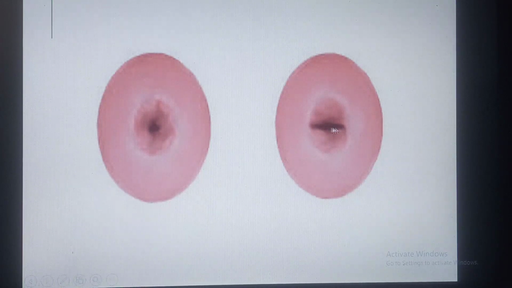And this one, because the person has given birth through the vagina, becomes slit-like. So whenever they give you the external os of any female, you have to look at the slit. If the person has given birth through the vagina before, it becomes slit-like. Otherwise it will be oval shaped.